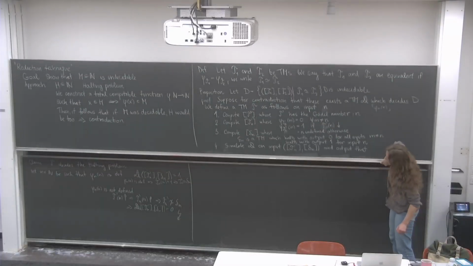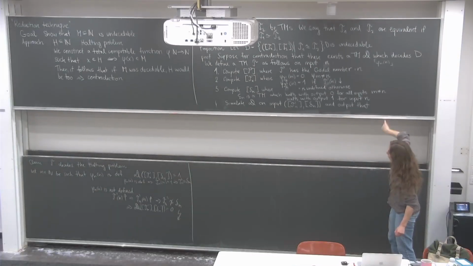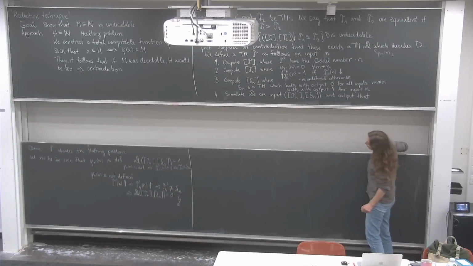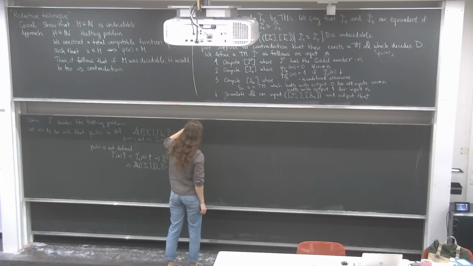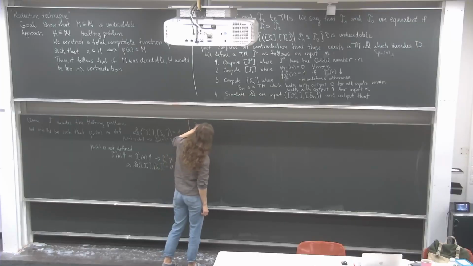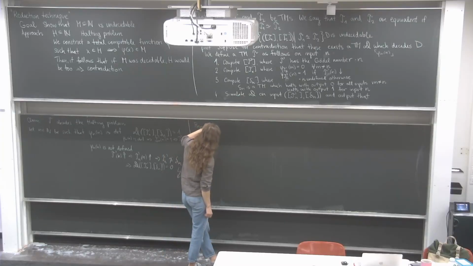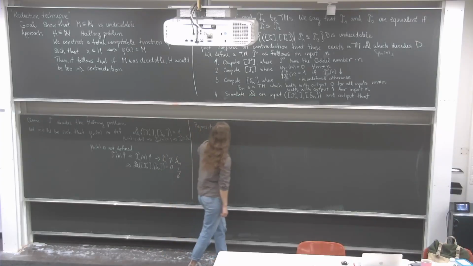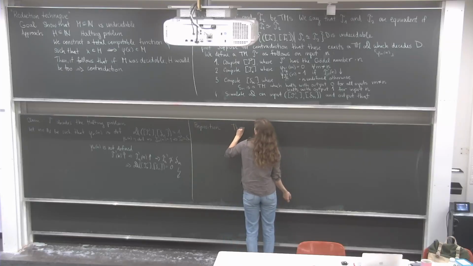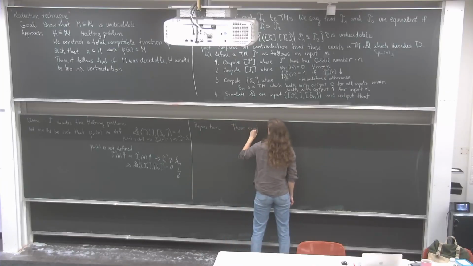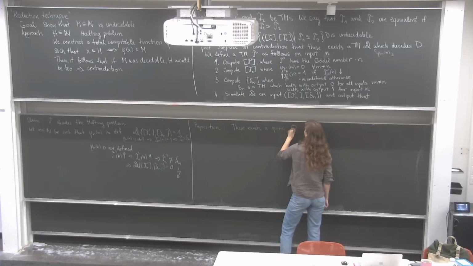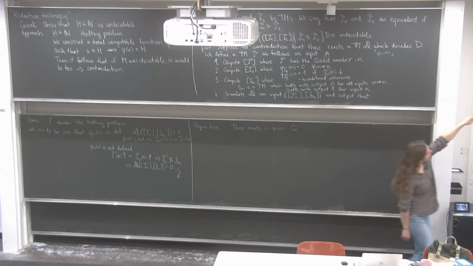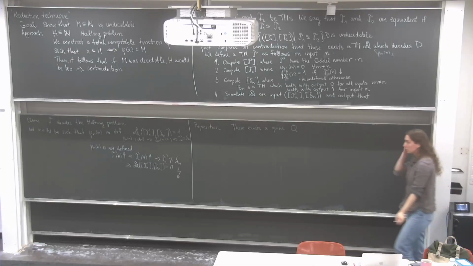So let us prove that there exists a quine, in the sense of a Turing machine that outputs its own description.